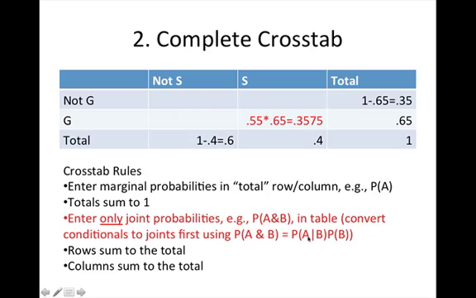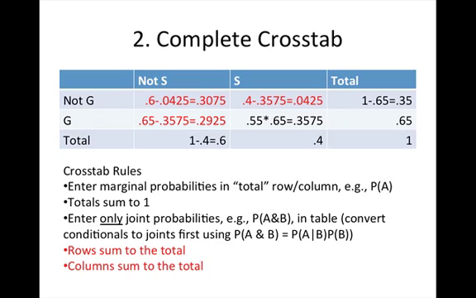We were told the probability of a successful launch given that the market research said go for it. And if you do a little bit of math on the conditional probability definition, you get this formula. Therefore, we're going to deposit 0.3565 into that cell. That's a really important step. Make sure you understand that.